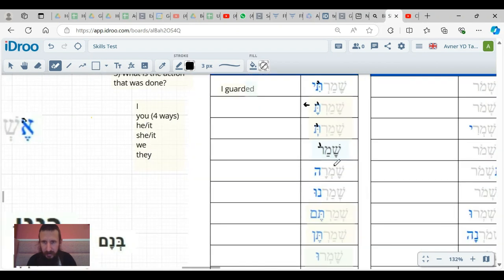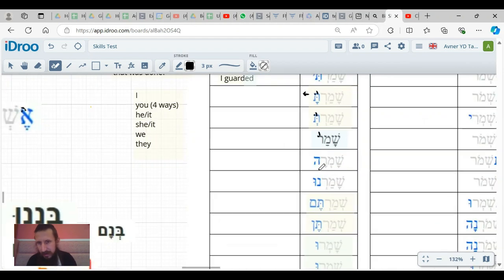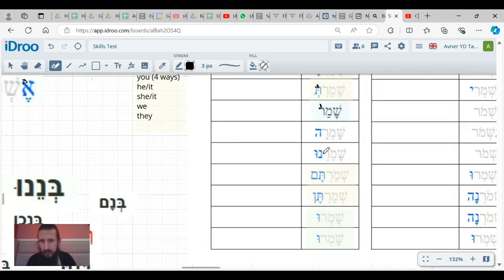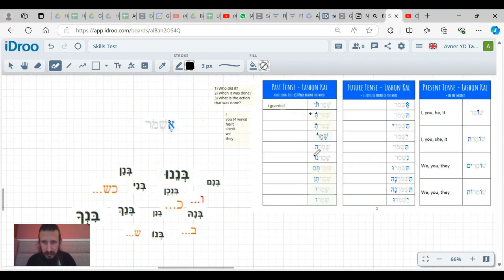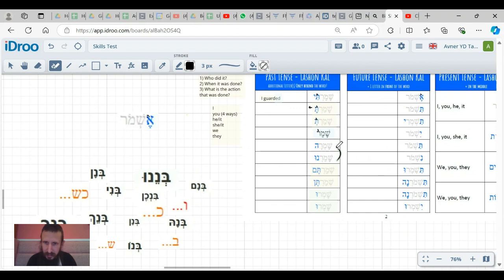Let's not go there yet. Let's go down to shamra. So here you have a hey in back, and we saw before that the hey was her. So her with an action would be she guarded. The nu, instead of saying to us or our, shamarnu would be we guarded. These represent the exact same pronouns, these three.